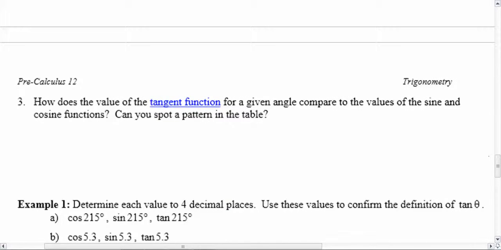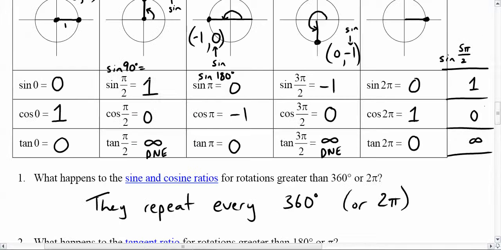And can you find any way to determine the tangent just by using the sine and cosine? So is there a way that we can get these answers using just sine and cosine? Zero divided by 1 is 0. 1 divided by 0 is infinity.